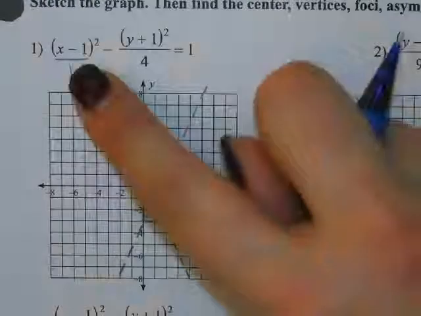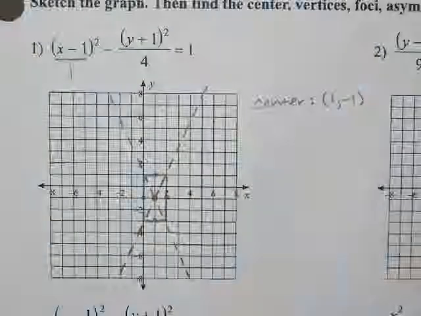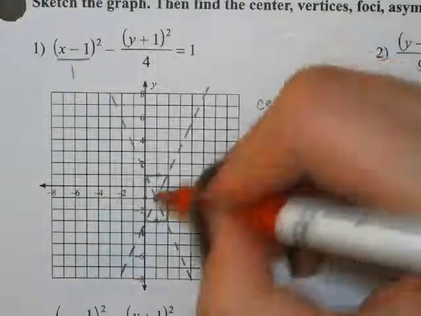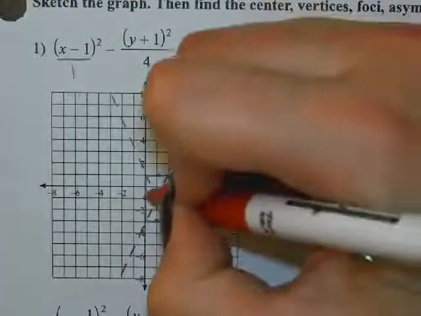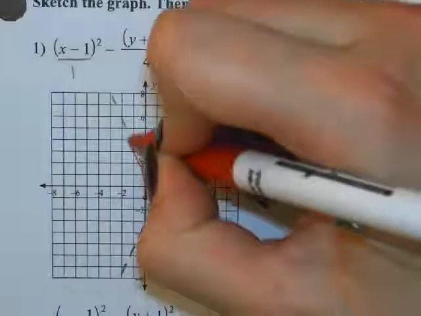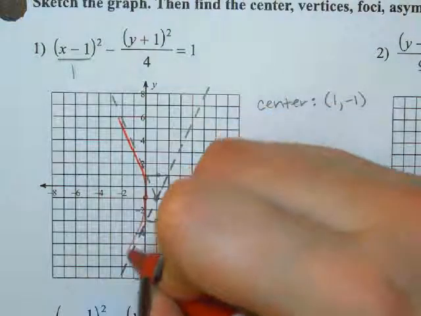Yeah, the left and right curve, because the x goes first. So since the x goes first, that means that this right here is a vertex and this is another vertex. And then it's going to go like this. And it's just going to follow the asymptote in each direction.